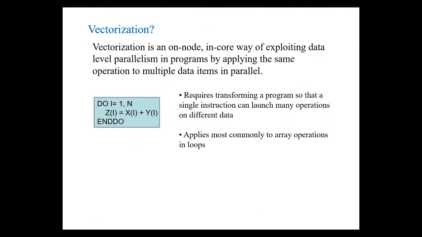So if you use the Intel compiler and say use optimization, like -O3, it automatically enables the vector functionality in the compiler. What it does is basically an way of exploiting data level parallelism in a program by applying the same operations to multiple data items in parallel.